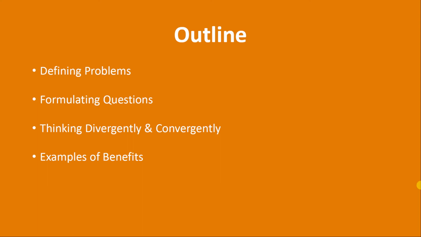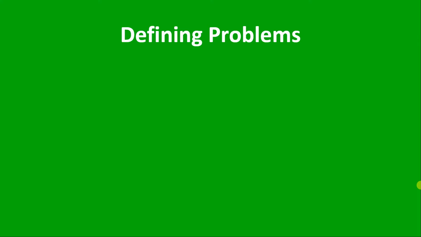Then we'll finish up by talking about thinking divergently and convergently. And then finally, I'll show you some examples of benefits that you might achieve or realize when you engage in a rigorous problem definition and question formulation process and engage in thinking divergently and convergently in terms of your cognitive processes. So let's start with defining problems.